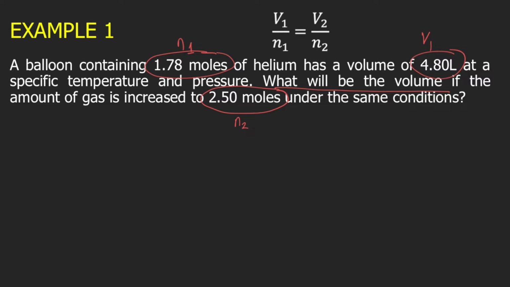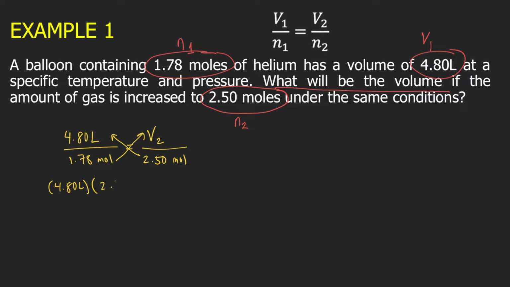Now let's substitute the numbers. We have 4.80 liters divided by 1.78 moles equal to V2, just write V2 because it's unknown, divided by 2.50 moles. You can do cross multiplication. So this becomes 4.80 liters times 2.50 moles equal to V2 times 1.78 moles.